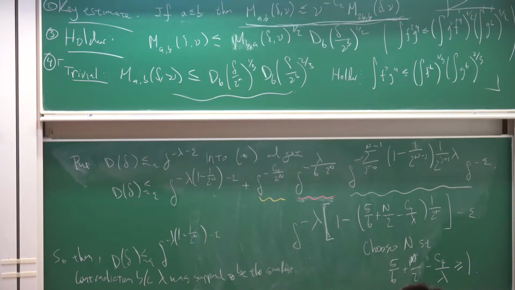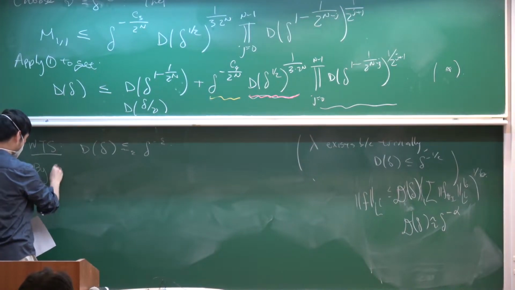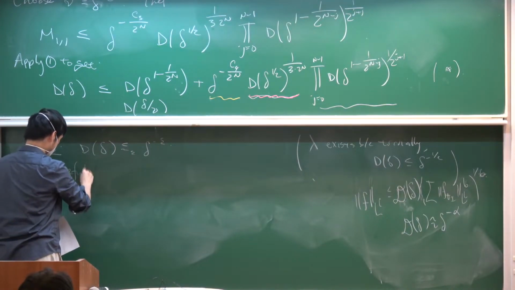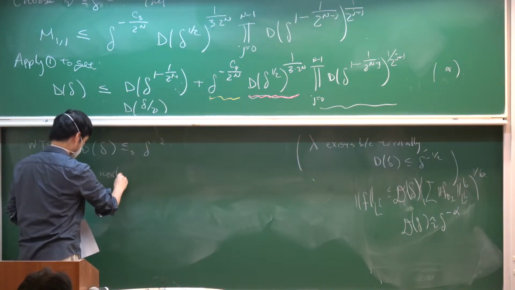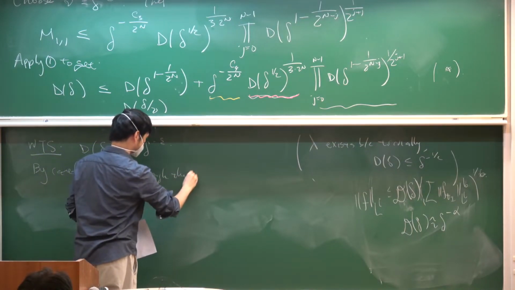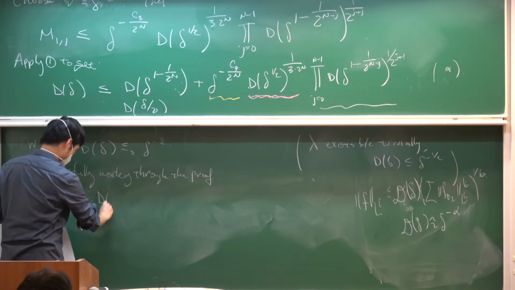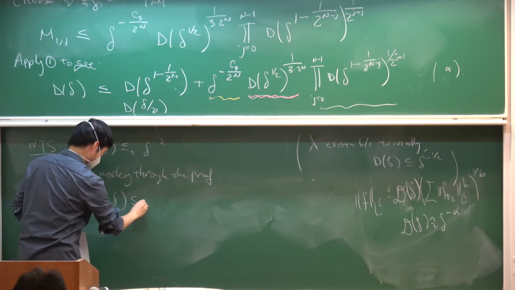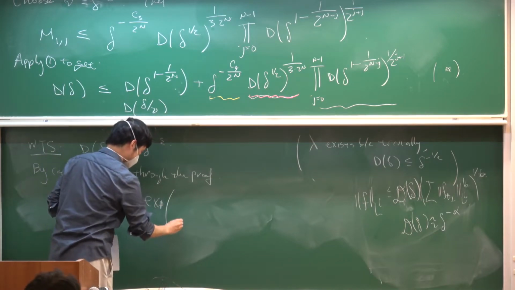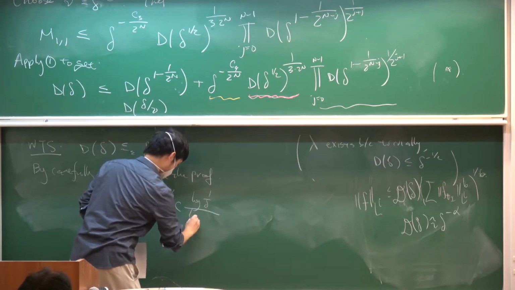By carefully working through the proof, you can actually improve this to d6 of delta is less than exponential of some constant times log over log log.